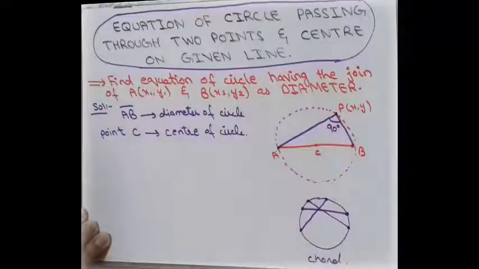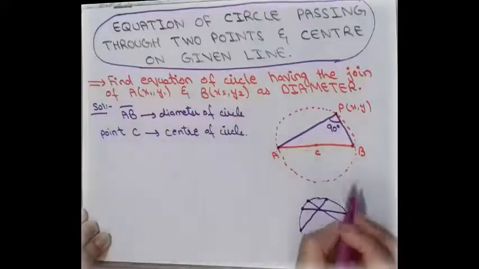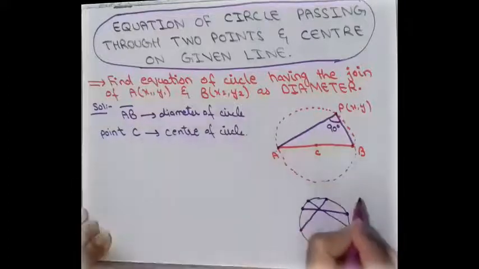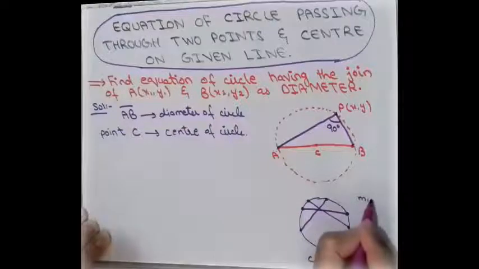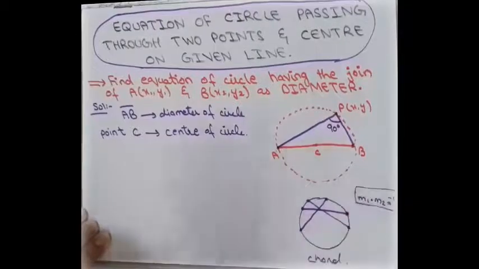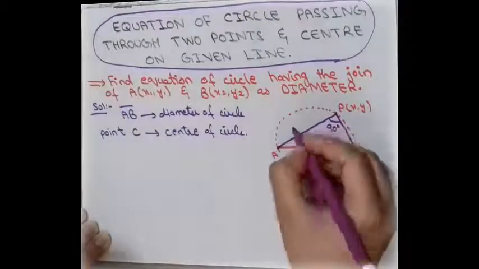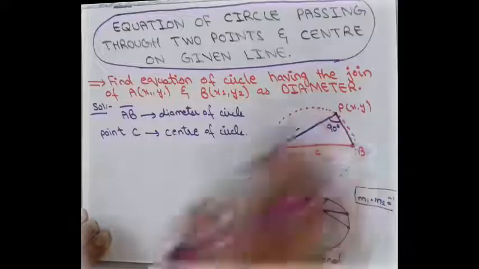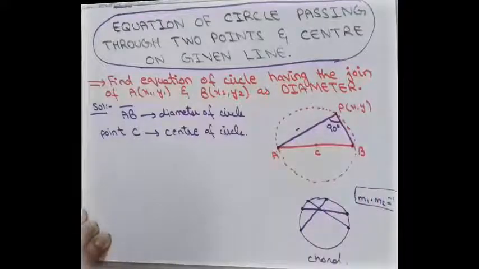If these two lines are perpendicular, then we know the condition of perpendicularity of two lines, as we will discuss in detail in a further lecture, but just for now: if we have both slopes and we multiply them, it will be -1. So we use this fact. Here we use the slope of the line AP, and we need to find the slope of BP.